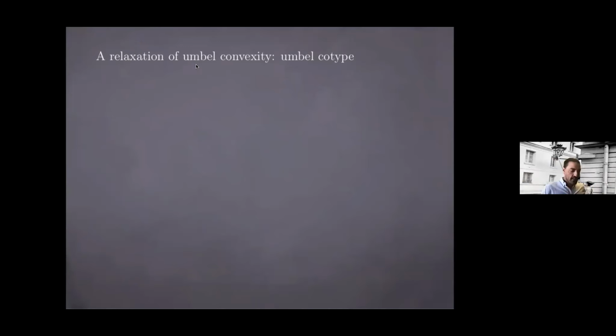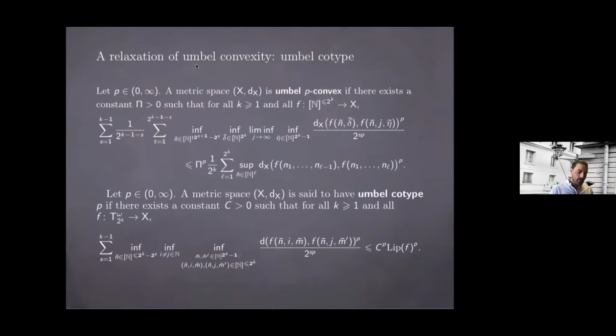So going to the other end of the spectrum, we came up with this notion that we call Umbel cotype. Here I just reproduce the definition of Umbel convexity so that I can compare it with the notion of Umbel cotype P. So why is this inequality significantly weaker than this one?